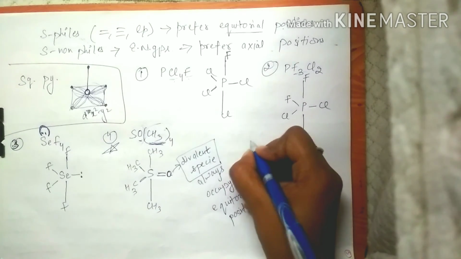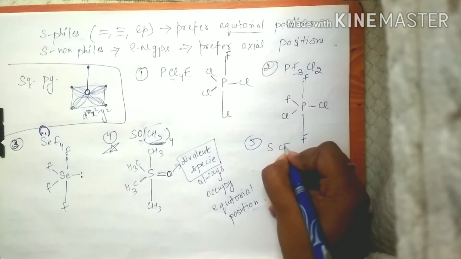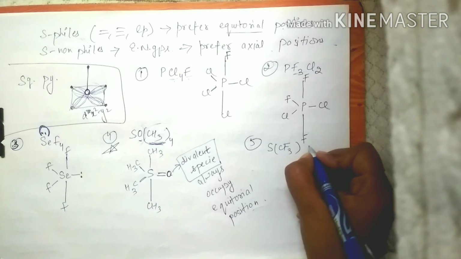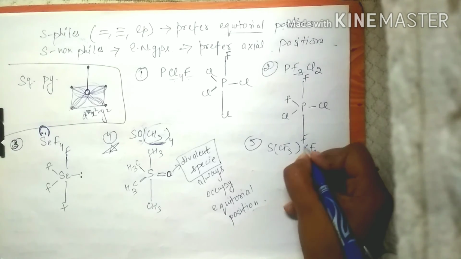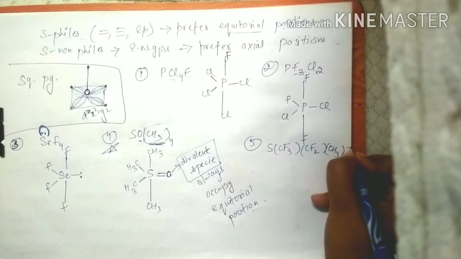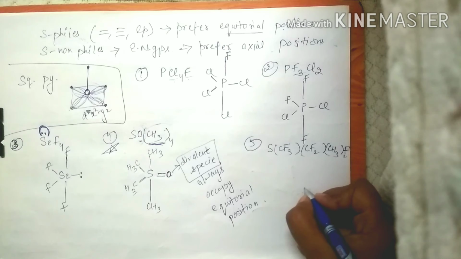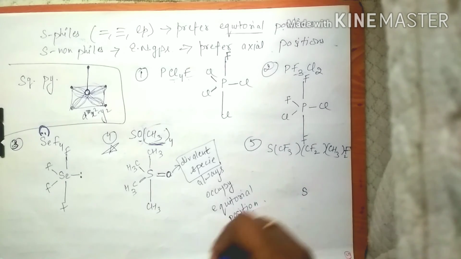Now there is one more important molecule like SCF3, CF2, CH3, 2F. Now how to place these? First, sulfur will be present here.